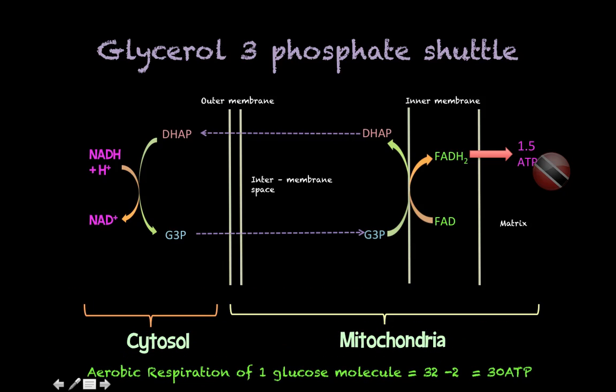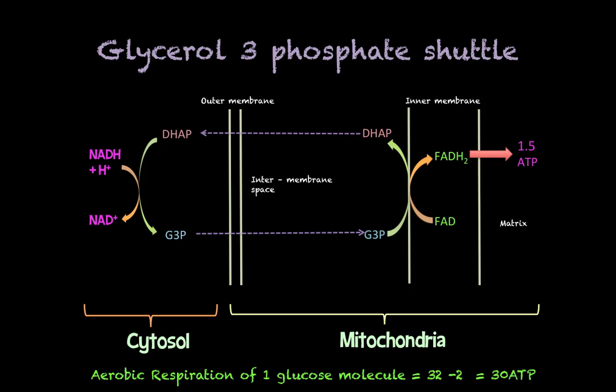So under aerobic respiration using the glycerol 3-phosphate shuttle system, one glucose molecule will really give you 30 ATP. Now this shuttle system is used a lot by muscle, and it enables the muscle to sustain a very high rate of oxidative phosphorylation. So that's the glycerol 3-phosphate shuttle system.